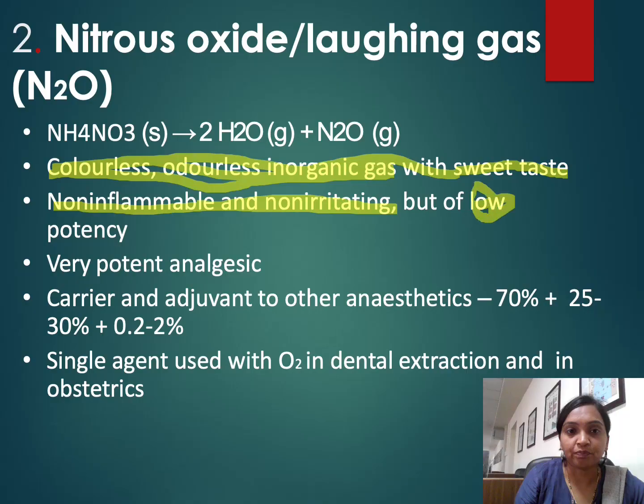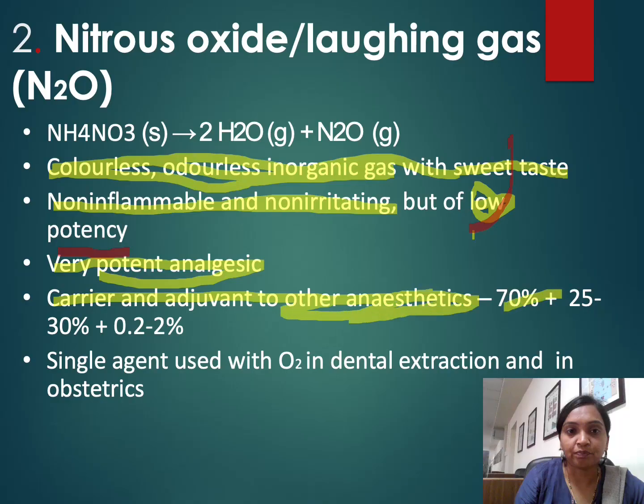The potency of nitrous oxide is very low, but it is a very potent analgesic. That is why nitrous oxide is usually used as a carrier or as an adjuvant with other anesthetics.